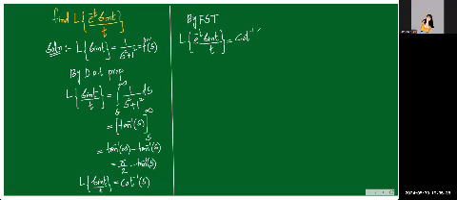Cot inverse of s is there as it is. Where s changes to s plus 1. That is the rule of shifting. So cot inverse of s changes to cot inverse of s plus 1, and that is your answer. Have a good look once. If there is any doubt in any step, ask me now. No doubt, it is clear, sir.